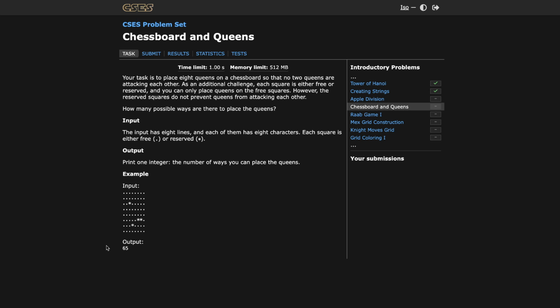And we can change the state of the board using the bool data type, which gives us true if the square is free from any attack from other queens, or false if the square is reserved or being attacked. And combining them all together will give us the number of ways to place 8 queens on the chessboard.